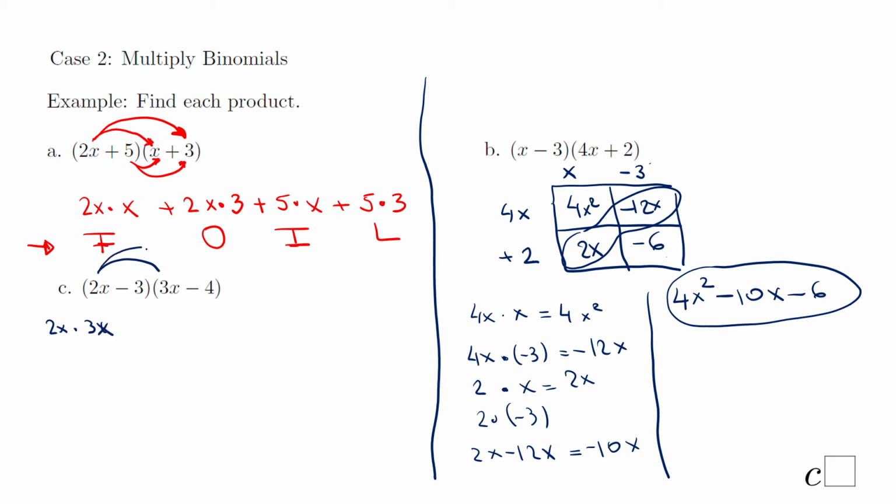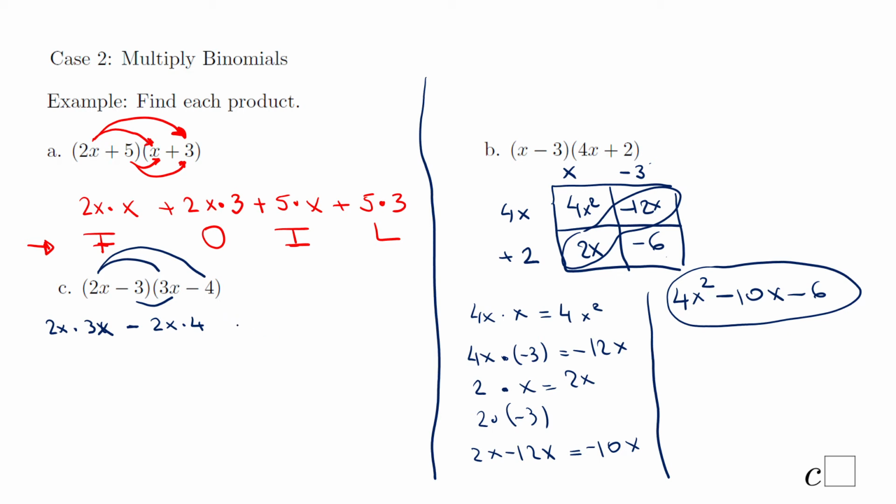Then we have 2x and 4. Now be careful how you handle it. If you put a minus, that's okay, but then you just put 2x and 4. If you put a plus, then be careful, this will be a negative 4. That's the reason I'm saying you need to be careful with FOIL, how you handle the sign.